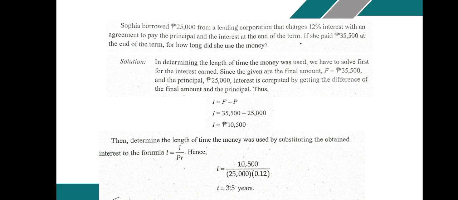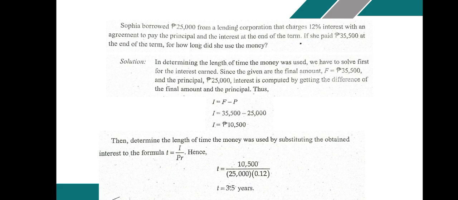Which is T is equal to I over P times R. So, therefore, T is equal to yung interest, which is 10,500 over the principal, which is 25,000 times the rate, which is 0.12. And that is 3.5 years. So, nagamit na yung money for 3.5 years. Okay, so I hope kaya pa nun ma-observe or ma-absorb itong ating mga information.